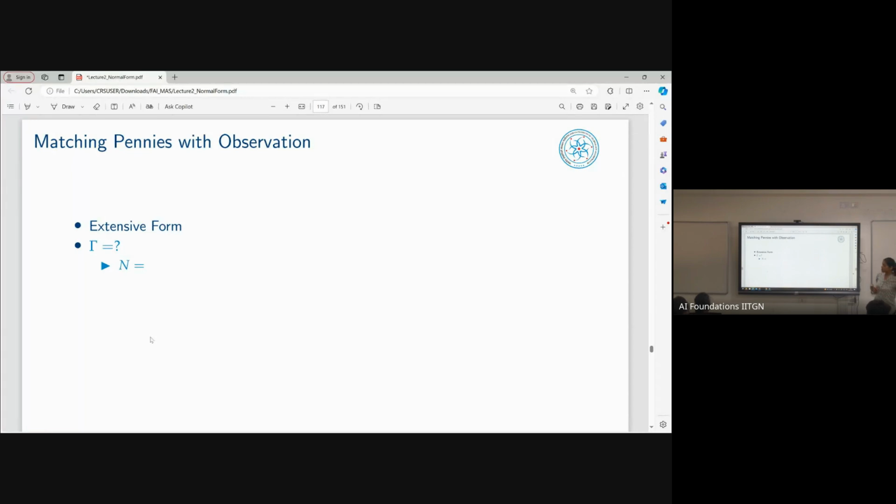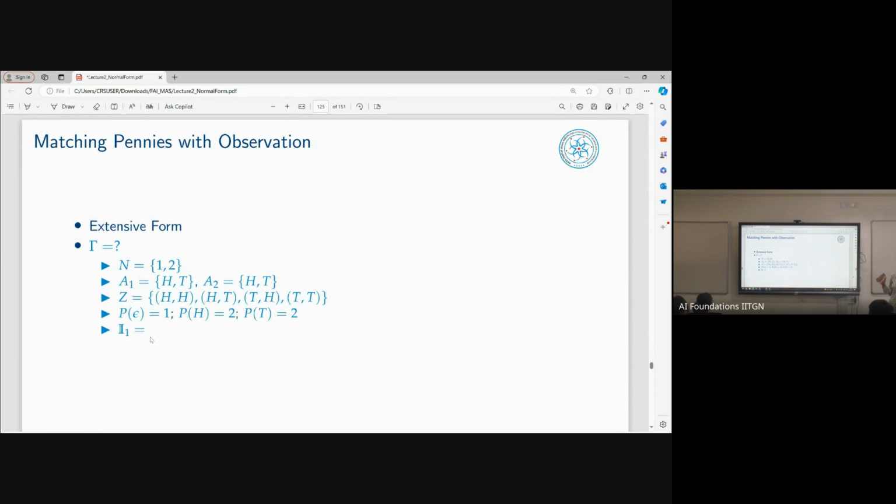But what about matching pennies with observation? With observation, what will change? Right, so with observation, everything will almost remain the same except the information. You again have 2 agents, 2 actions each. Terminal history also remains the same.